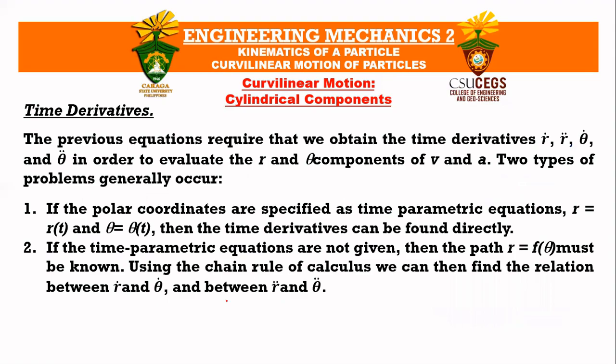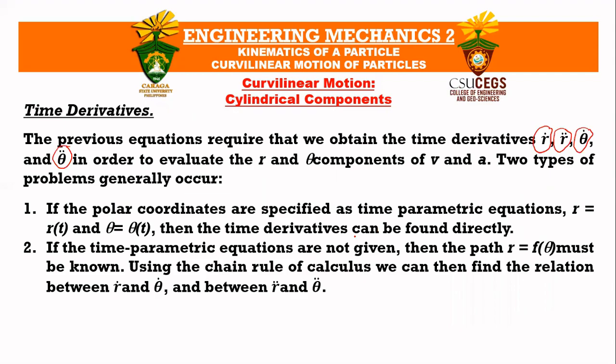And for the time derivatives, the previous equations required that we obtain the time derivatives of the r double dot, theta dot, and theta double dot in order to evaluate the r and theta components of the velocity and acceleration.